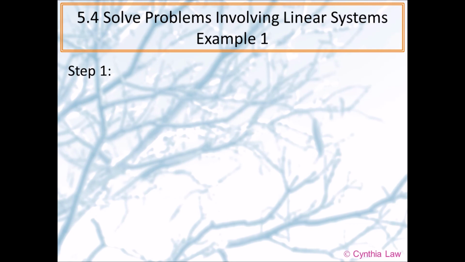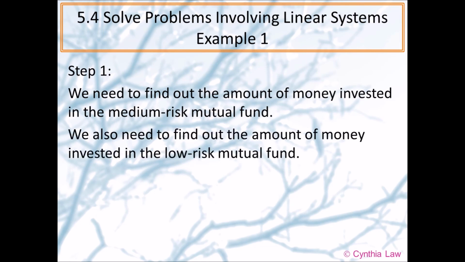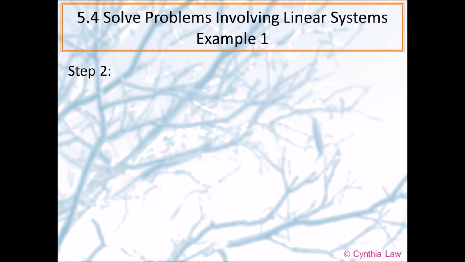So, step 1 of the question, we need to identify what is to be solved. In this scenario, we want to find out the amount of money invested in the medium risk mutual fund. We also want to find out the amount of money invested in the low risk mutual fund. Step 2. We want to identify the information that's been given to us.